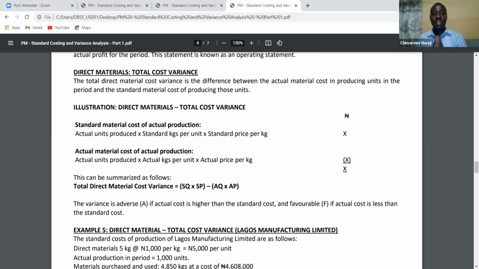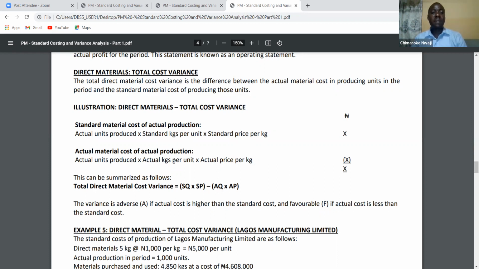So if you understand direct material variance, then you will understand labor variance, variable cost. Then you will need to also pay attention to fixed costs so that you can understand. That will be the topic for next class. But today, we are going to spend time on direct materials.